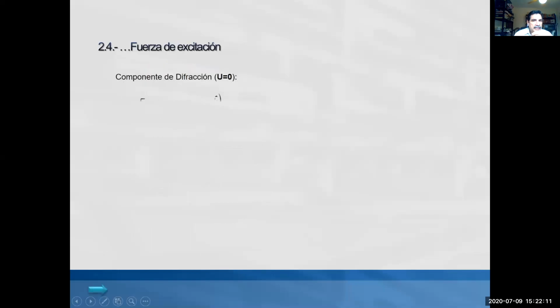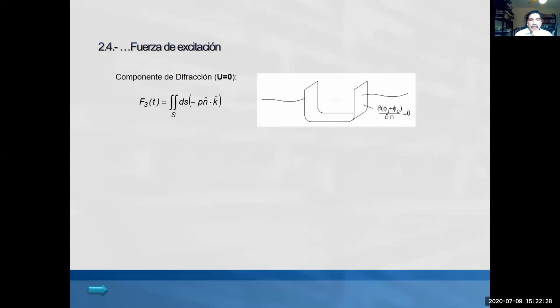So we saw that, and we started with the diffraction coefficient. Okay, so the component. So let's consider that there is no velocity of the ship. The ship is fixed. So this is the force, the general expression. In this case, we are considering only the effect from the wave on the ship that is fixed.